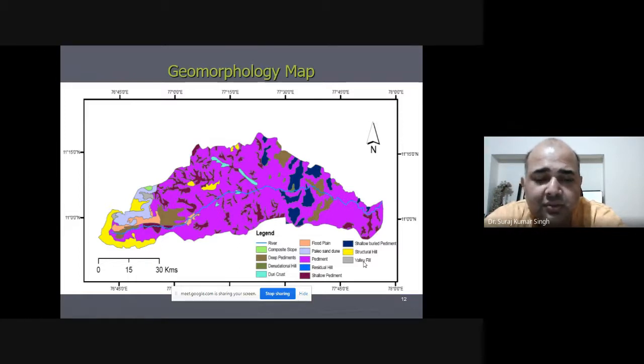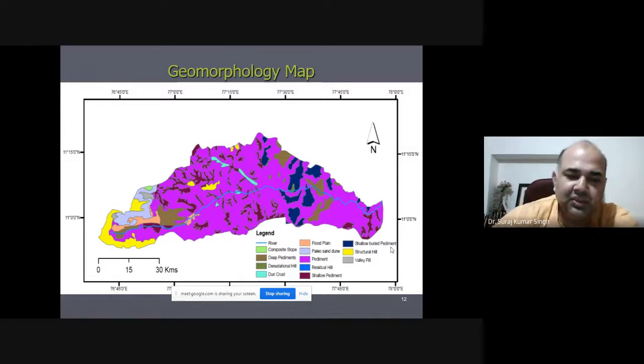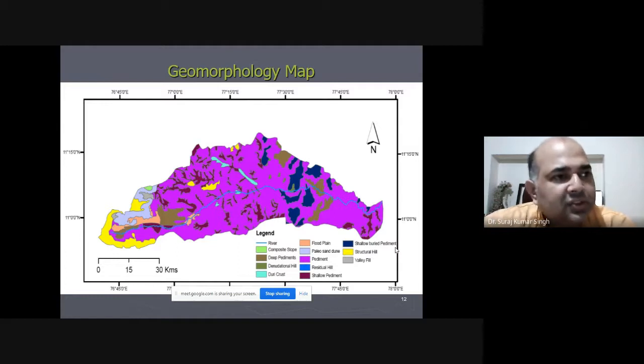All the information is clearly captured by the satellite images. Each and every landform has its own characteristics. We will identify those characteristics in the satellite imagery and classify those landforms using remote sensing and GIS techniques.